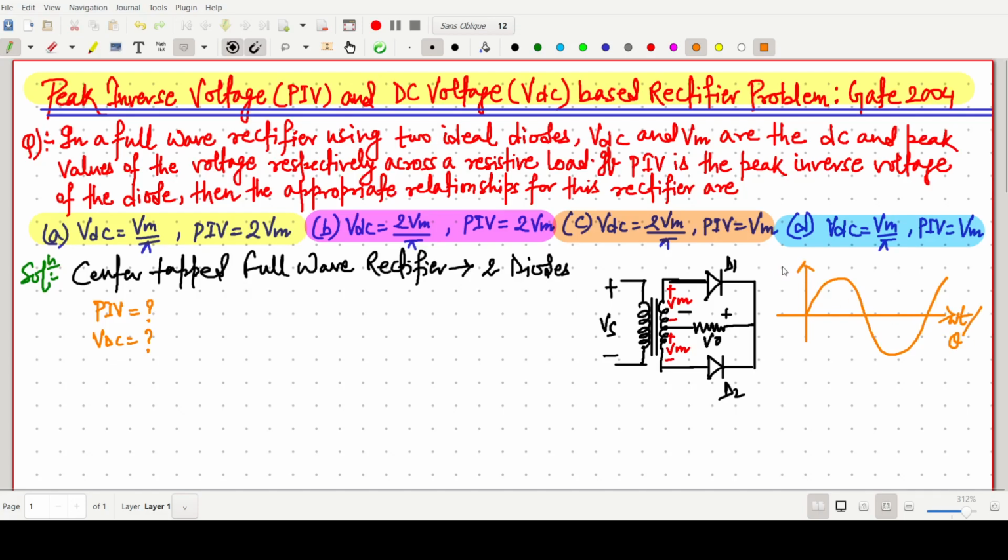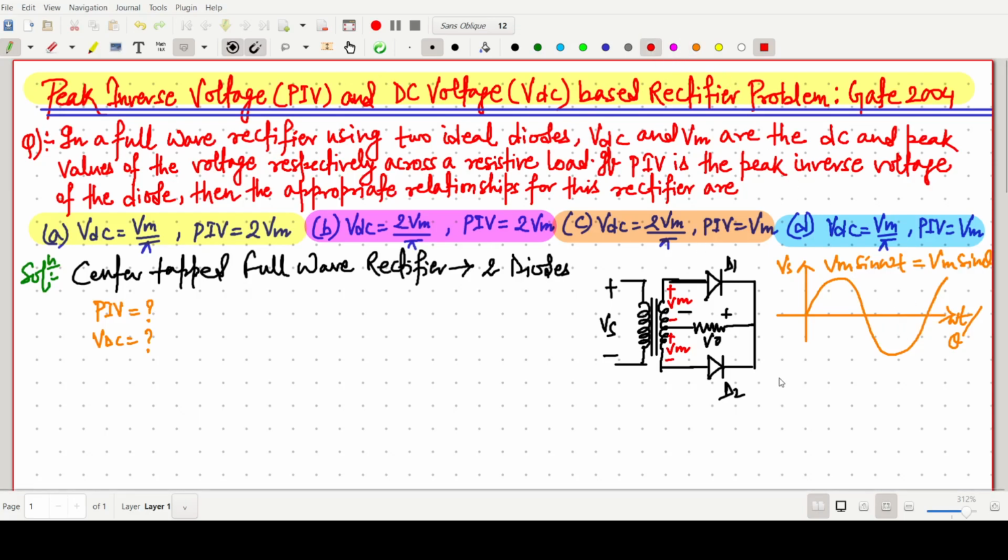This one is our Vs equals Vm sin omega t. We are getting the secondary side voltage as Vm sin omega t, or we can write Vm sin theta.